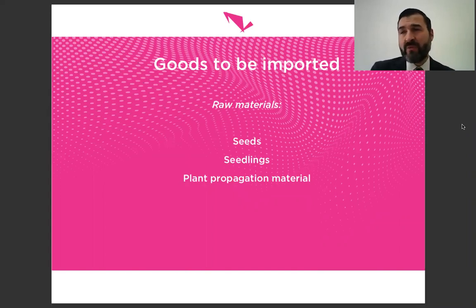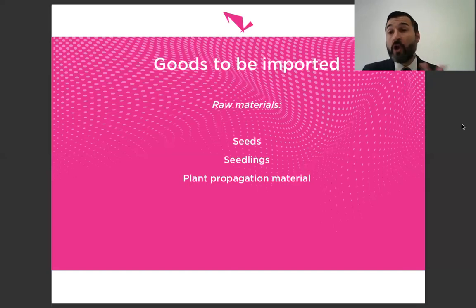Although, let's remember something. Although these regulations have a list of definitions, there may be some other interpretations or some other products that are to be considered raw materials for the manufacturing of a specific product, okay?